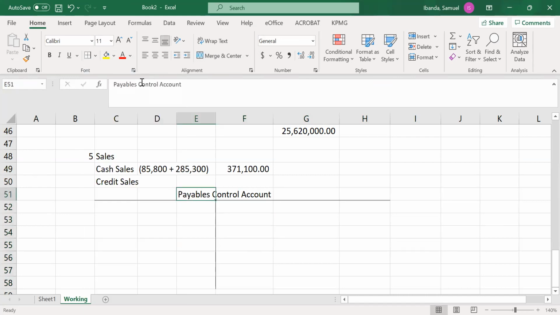So this is not payables control account, it's a receivables control account.